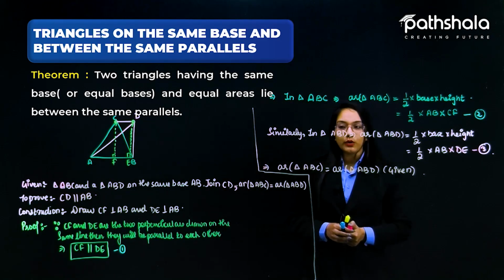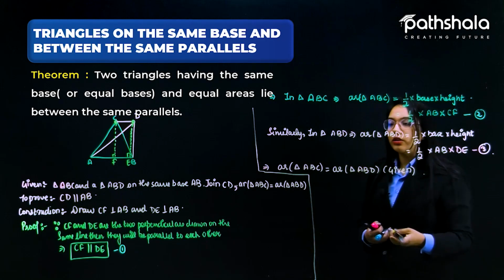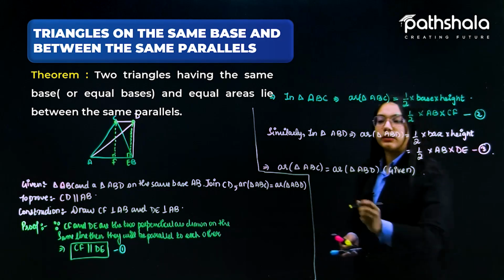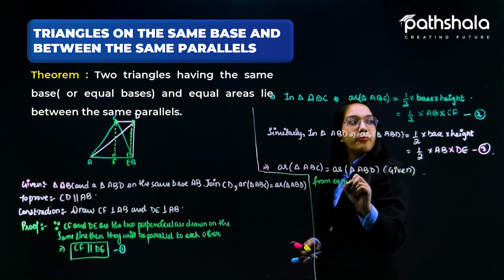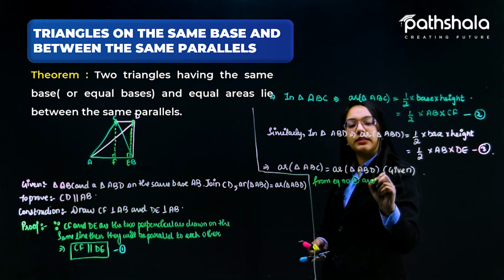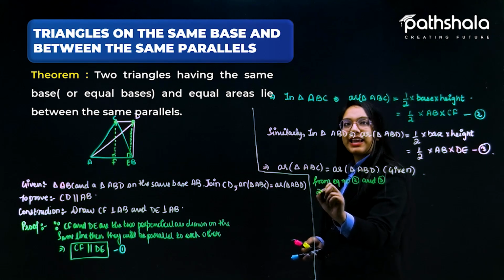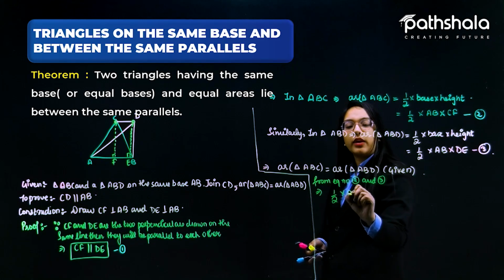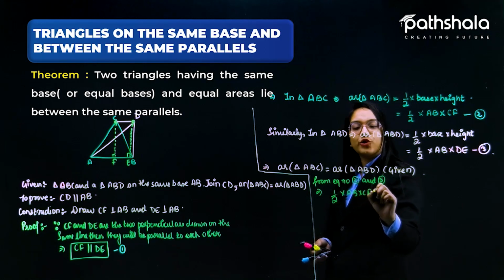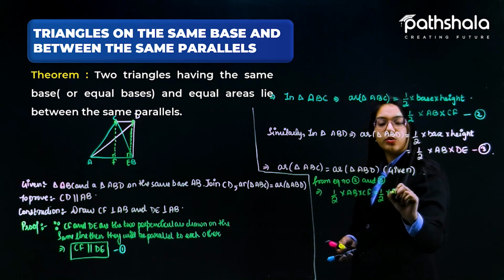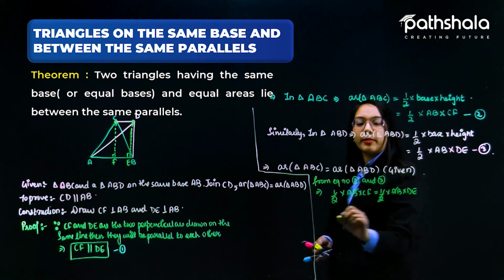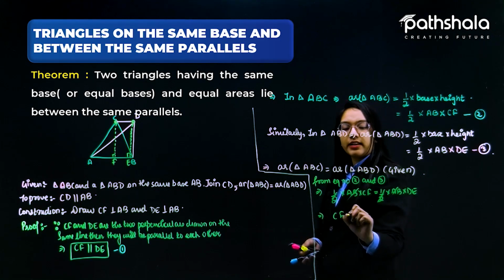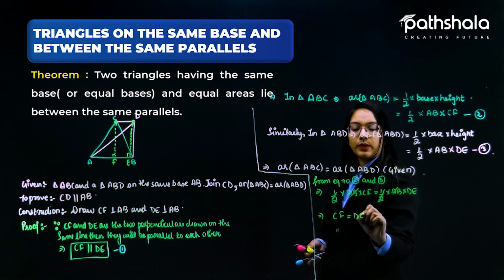Using this concept, from equations 2 and 3, half into AB into CF is equal to half into AB into DE. Half and half get cancelled, AB and AB get cancelled, and at the end we get CF equal to DE.